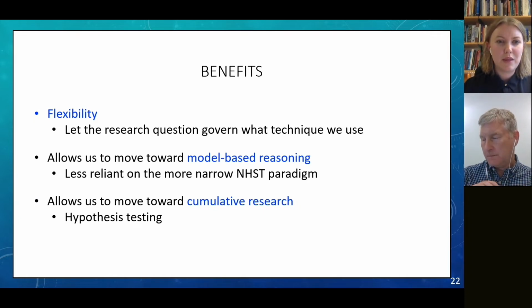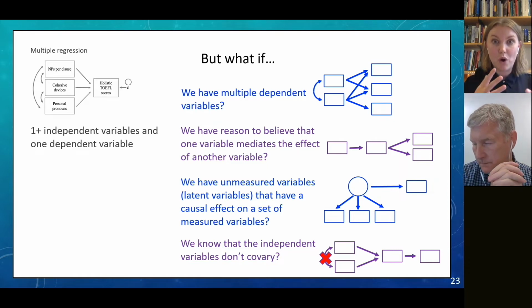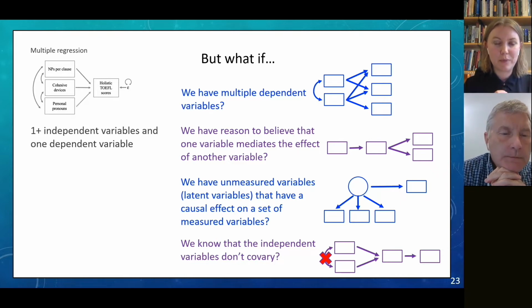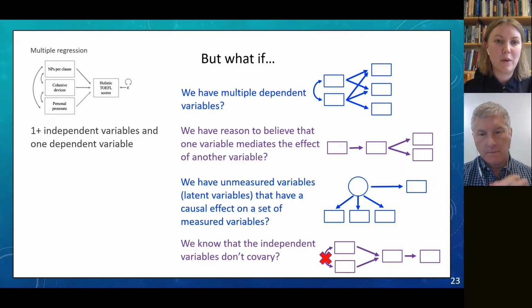Okay, so starting with the first one here: flexibility. In regression, so multiple regression, for example, we have this one way of linking variables up. We have one or more independent variables, so that's flexible at least, but then we can only have one dependent variable, and all the independent variables are going to be linked up in this way.